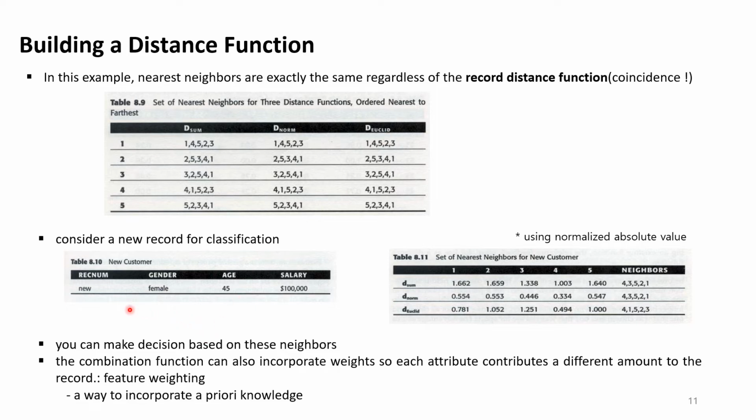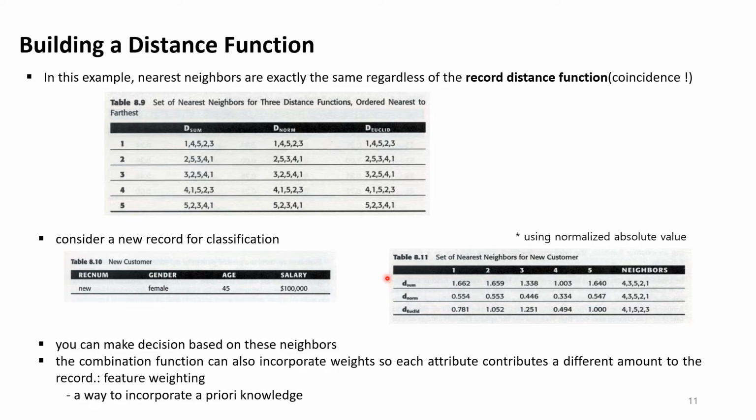In many other cases, depending on the record distance function, you're going to have different results. So let's take a look at another example. Let's say we have a new record whose gender is female, age is 45, and salary is 100,000. Then we compute the distance between this data and each of these records.